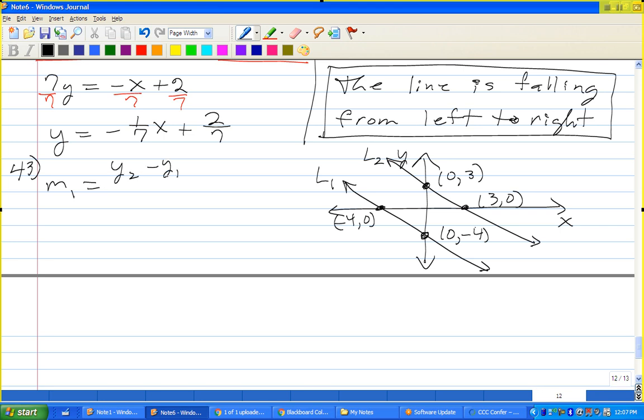y2 minus y1 over x2 minus x1. Okay, so let's start with this point, negative 4, 0, and then subtract from it 0, negative 4.